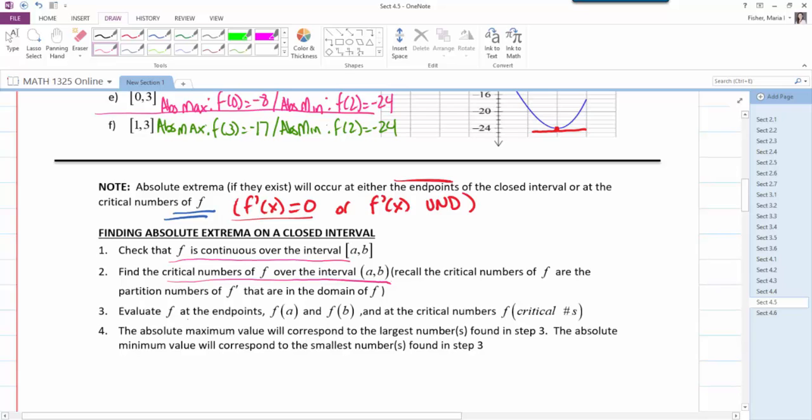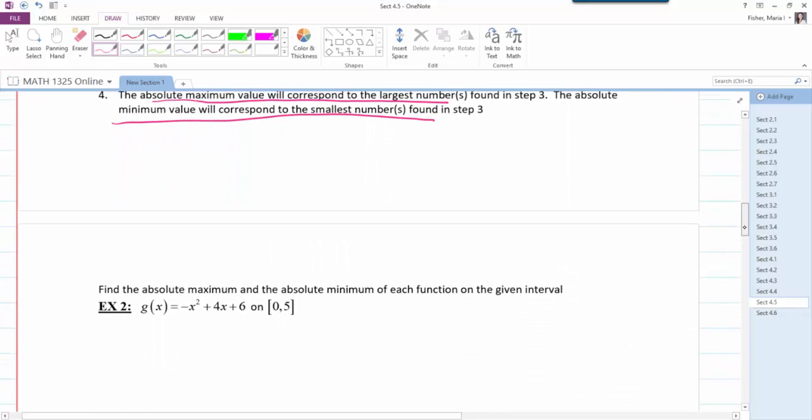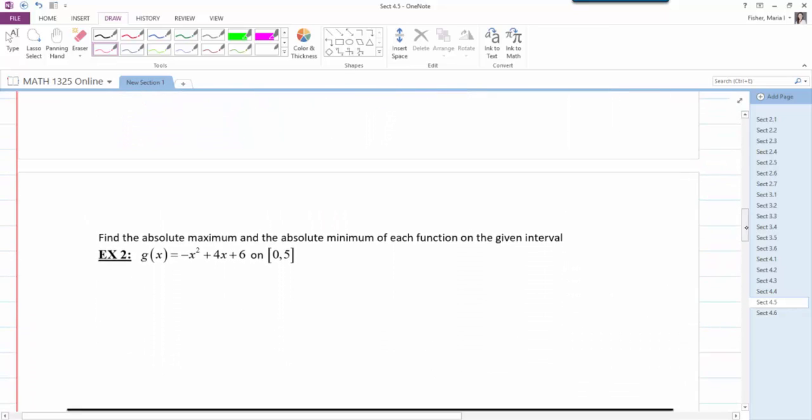Recall, your critical numbers are places where f prime is equal to 0 or where f prime does not exist. Then you evaluate f at the endpoints, f of a and f of b, and at the critical numbers, f of whatever the critical numbers are. Then your max is going to correspond with the largest number, and your min is going to correspond with your lowest number. So let's go ahead and find the absolute maximums and minimums of each of the following functions.